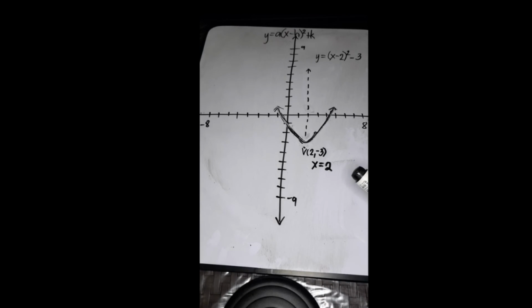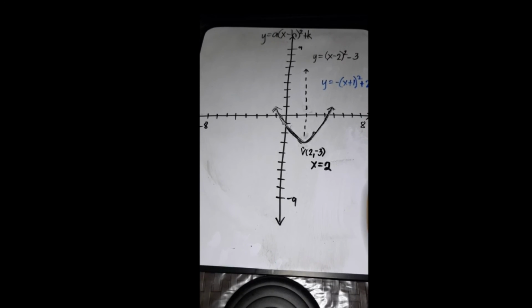In the same manner, if you're going to graph y is equal to negative x plus 1 square plus 2. For example, we have y is equal to negative of the square of x plus 1 plus 2.